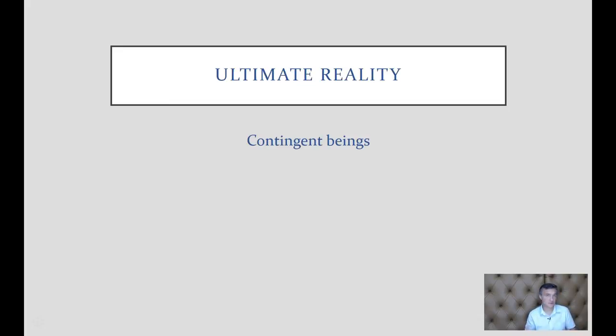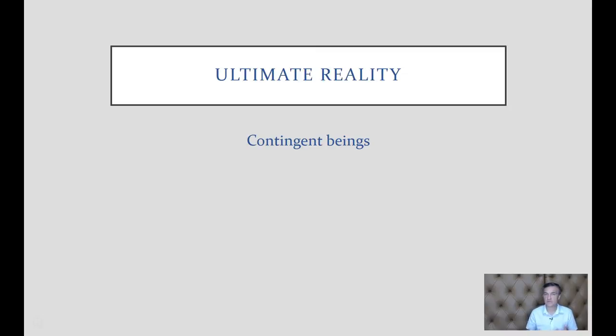Ultimate reality is another way to describe the highest good, where we're getting to maybe a divine realm, where the human and the divine intersect or meet. You often hear the language of God referred to as the ultimate reality, but not necessarily. The lesser term to ultimate reality, or the absolute, is contingent beings.